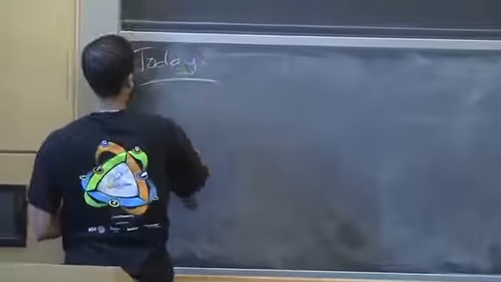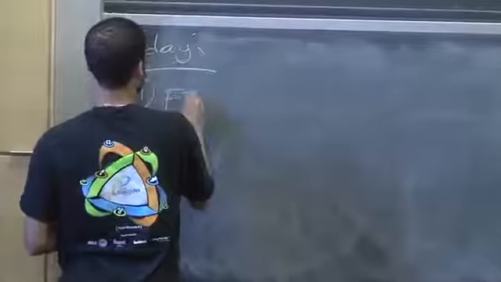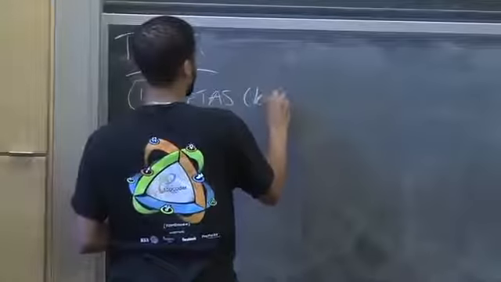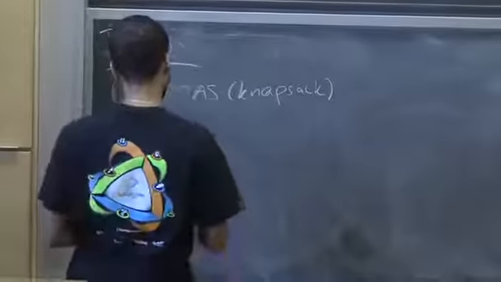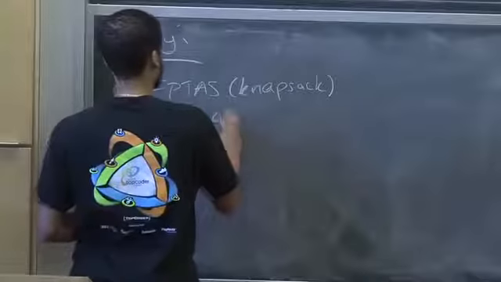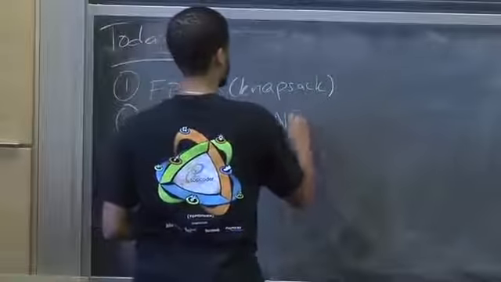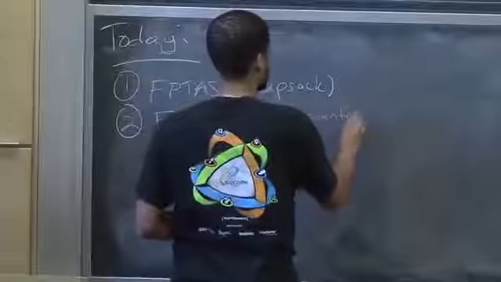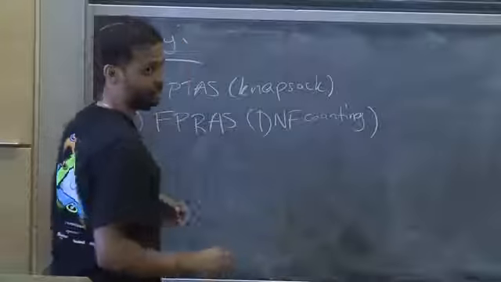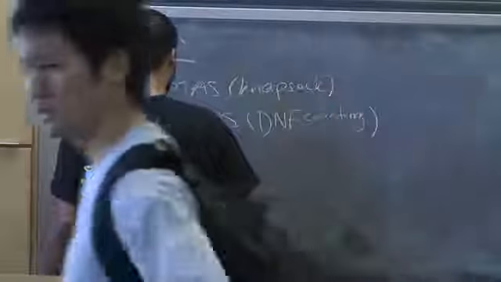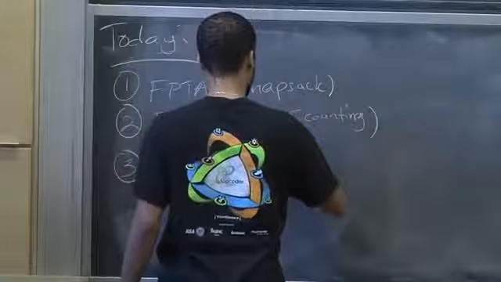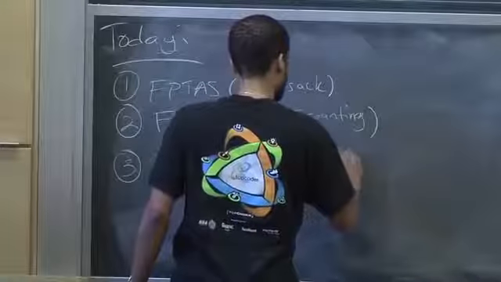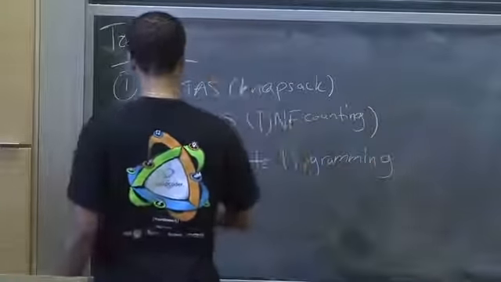Today I want to wrap up with approximation algorithms. First, we're going to finish FPTASes, which we'll do for knapsack. Second, we're going to look at FPRASes, which I'm going to do for DNF counting. And third, we're going to look at semidefinite programming, and we'll look at max cut.